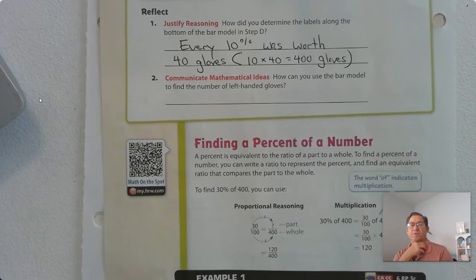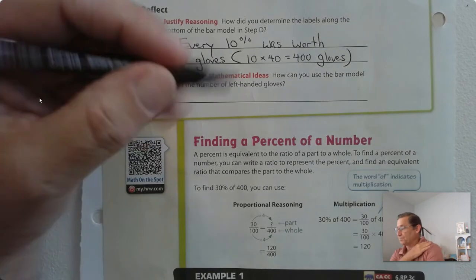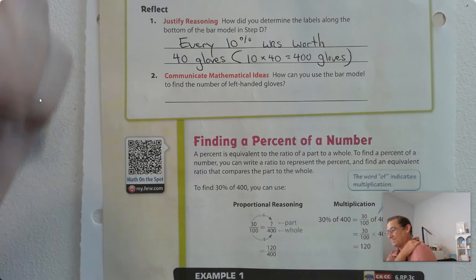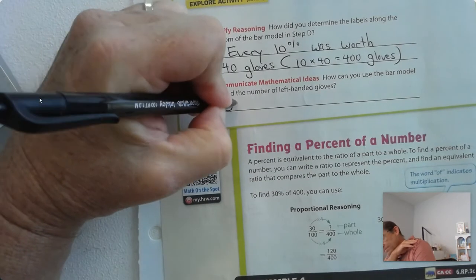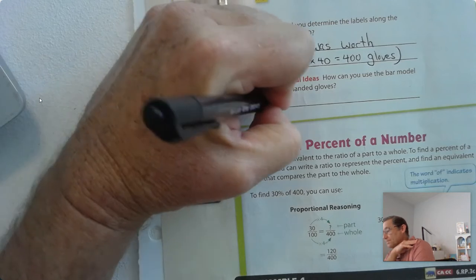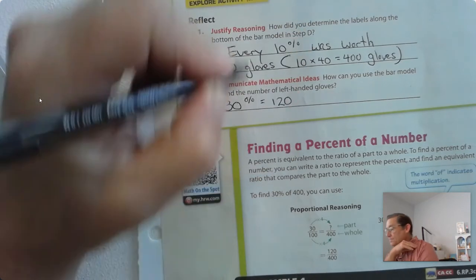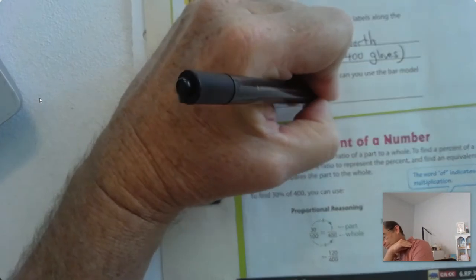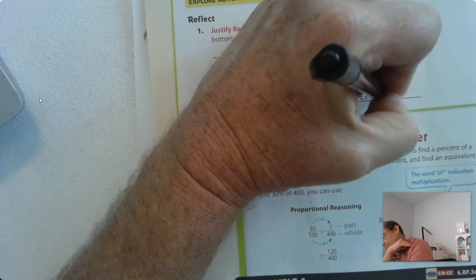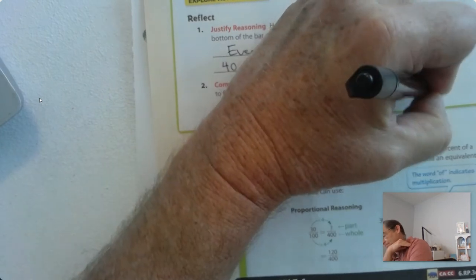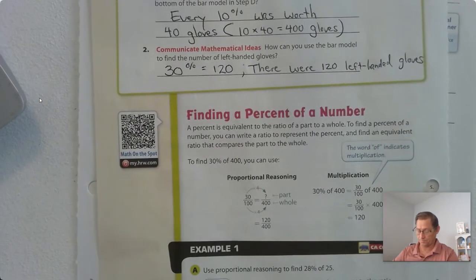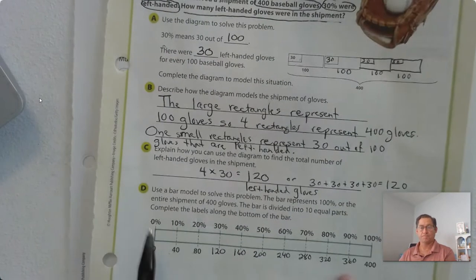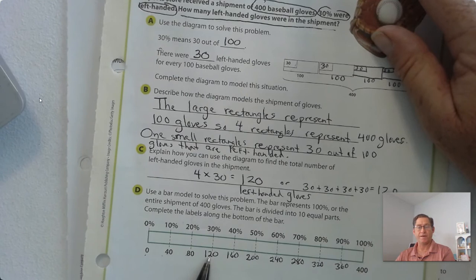So 2, how can we use the bar model to find the number of left-handed gloves? Well, if we just look at the bar model, all we have to do is find 30%, right? 30% was equal to 120.